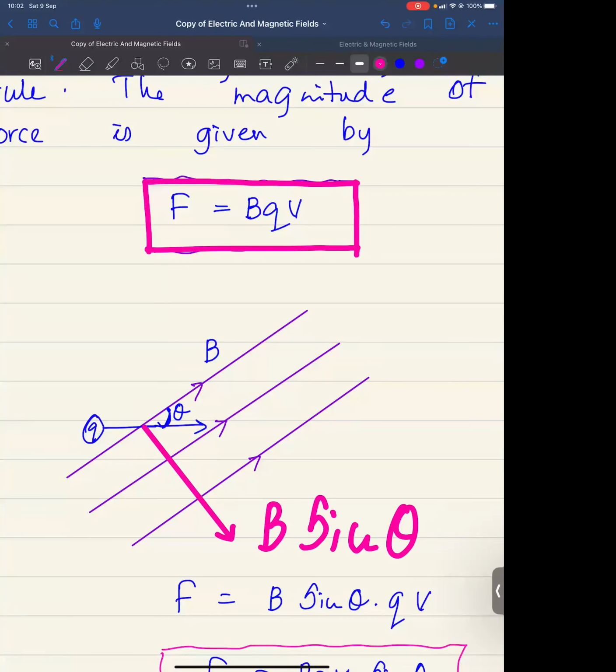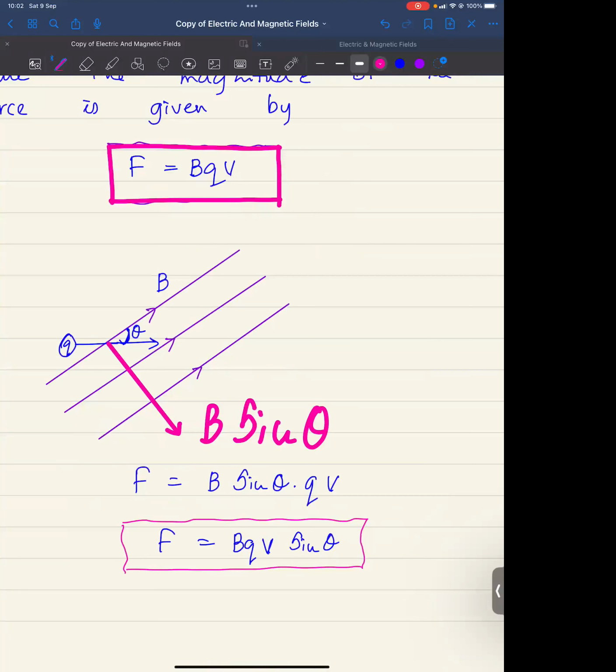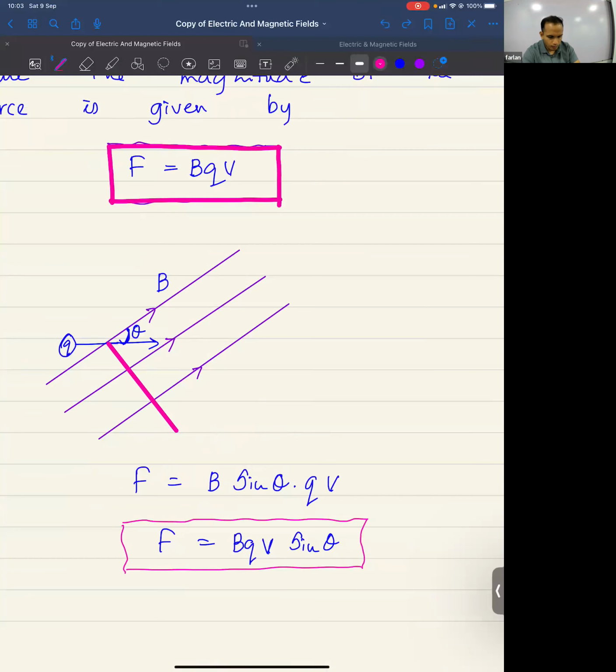So the equation of the force will be F equals B sine theta into QV, which will be BQV sine theta. Take down that as well, for when the particle is not perpendicular to the magnetic field.